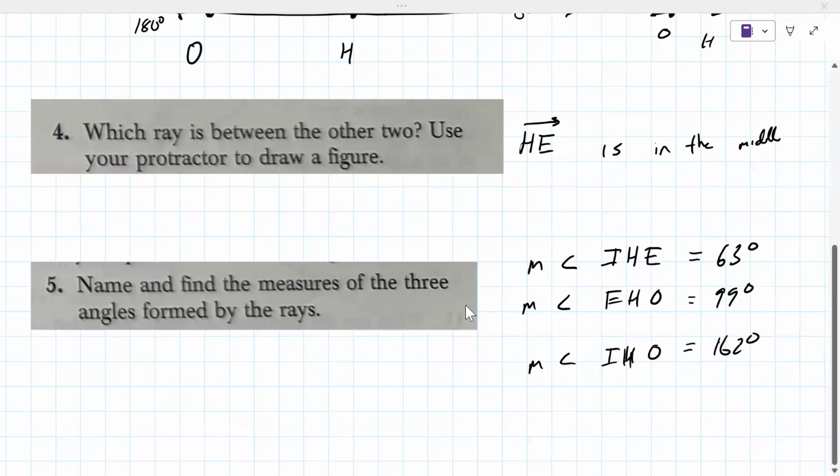Okay. Now your book is very heavy into justification. Which did you use for exercise 4? What's your justification for which one is in the middle? It's either 1, 2, or 3.